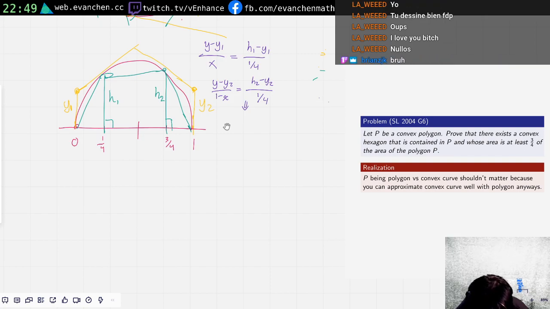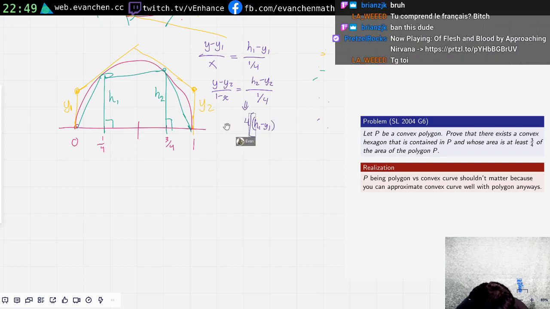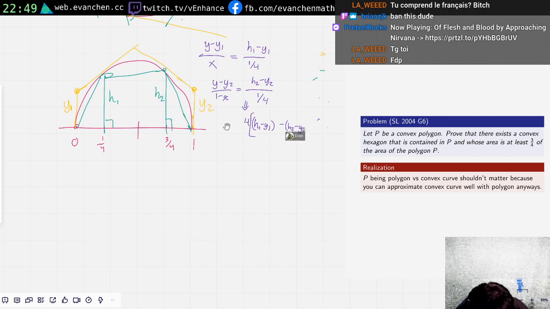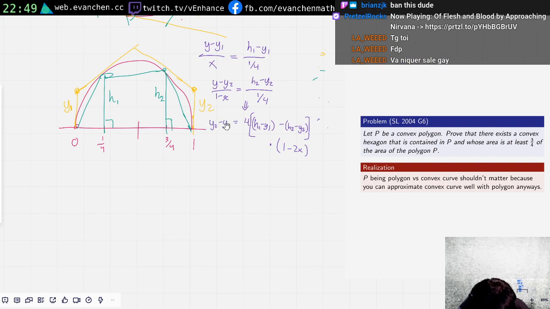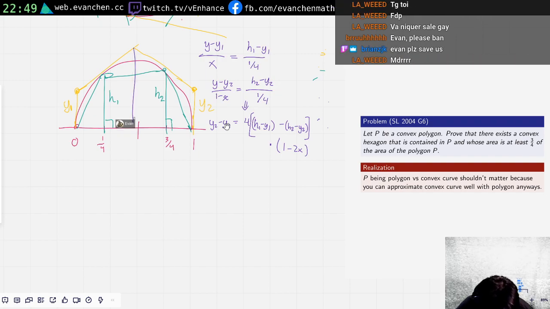All right, so oh my god, oh no, h1 minus y1 over 4 times 1 minus 2x is equal to y2 minus y1. Oh god, this is bad. Is there not a cleaner way to do this? Do I just really have to do this? Can I drop this altitude and say that it's 3/4 of each one?